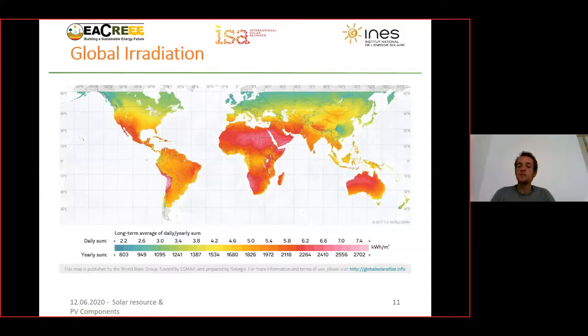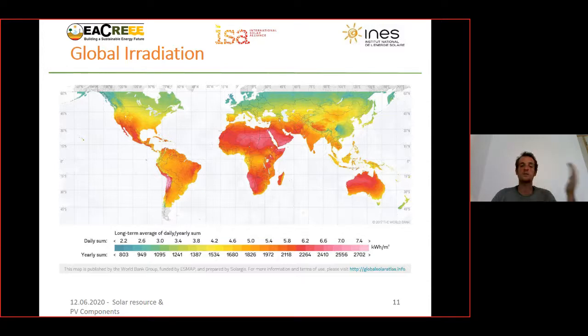In terms of values, you can see that on Earth you can receive from about 700, 800 kilowatt hour per square meters in very poor potential regions, such as north of Europe, for instance. And you can go up to almost 3,000 kilowatt hour per square meters in the regions when you have a lot of potentials, such as Sahara or Salar Uyuni in Chile.